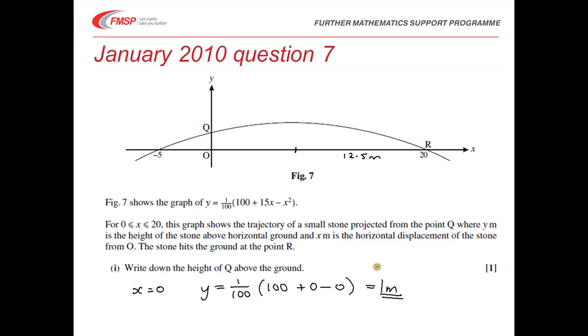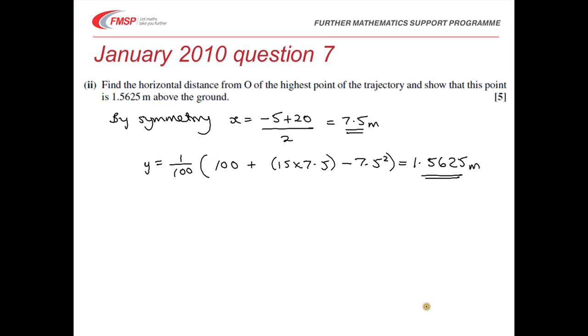So let's go back to part 1. This was fairly straightforward, just substituting in x is 0, and that's an independent mark there, B1. Moving on to the next part, we use the symmetry of the graph here, so we got 1 mark for working out this method here, working out the halfway point between them, and then there's an accuracy mark for getting the final answer correct.